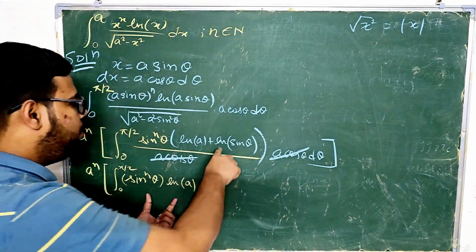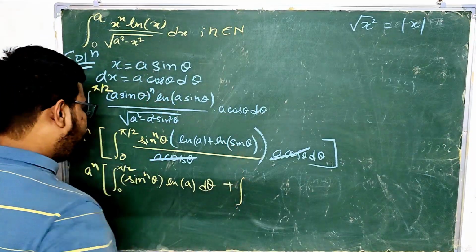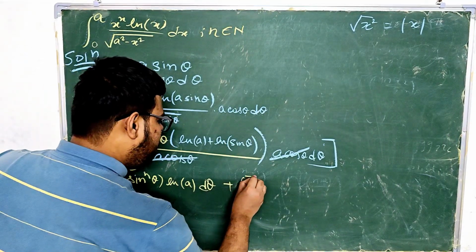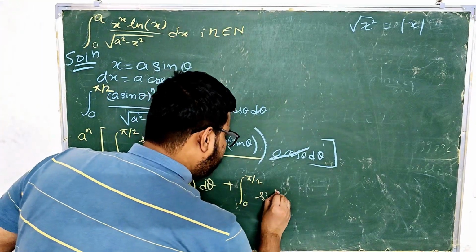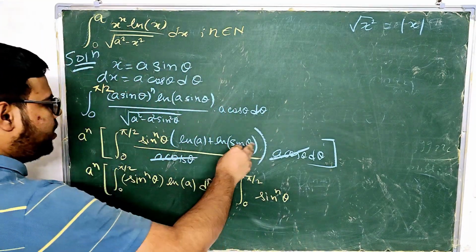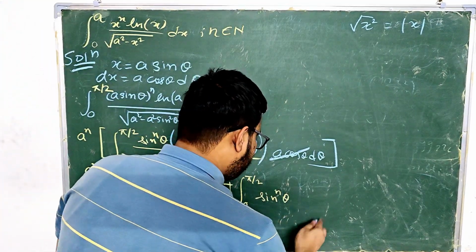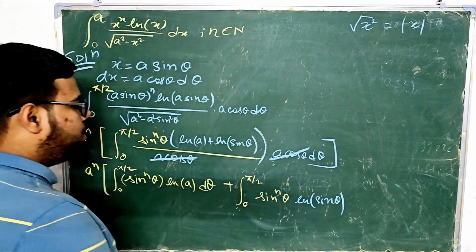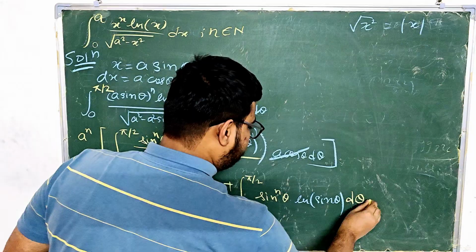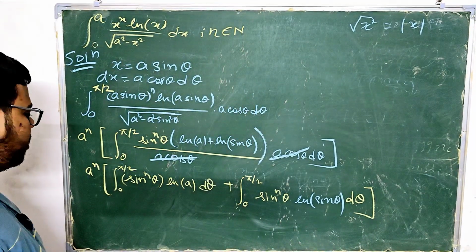This is the first one, plus the integral from 0 to pi by 2 of sine raised to the power n theta times the quantity natural log of sine theta, and of course a d theta.